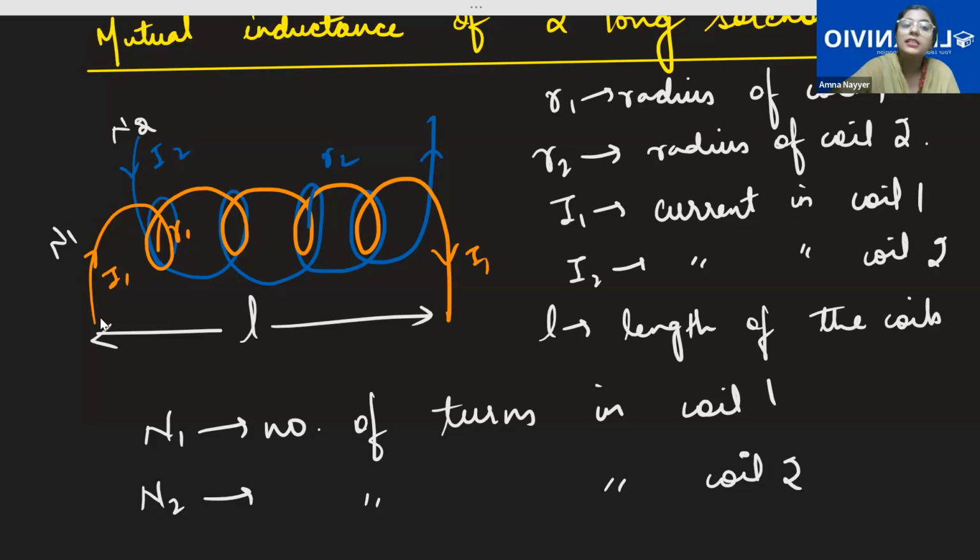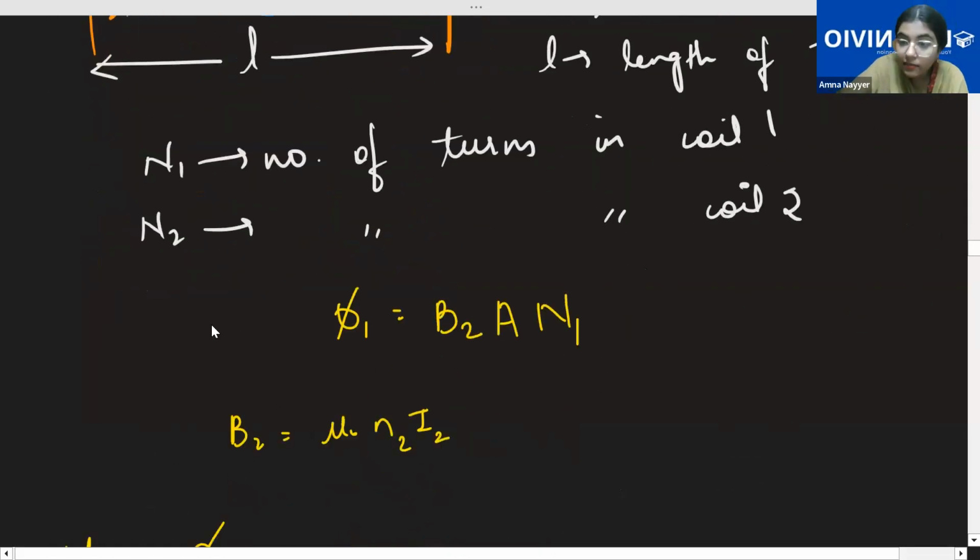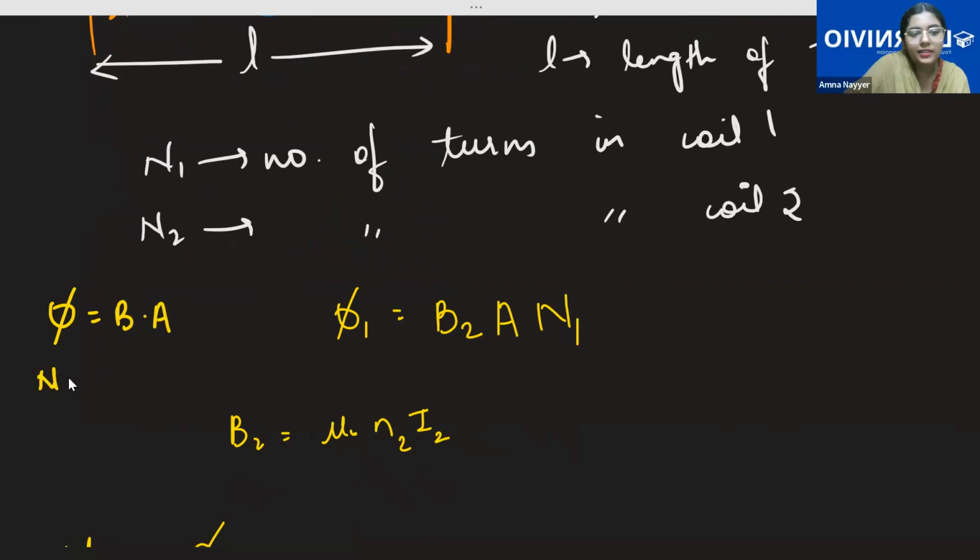That's why you have a change in the flux here and you get a mutual induction. So phi 1 should be equal to, flux is equal to B dot A. And for n turns we'll multiply, flux will be equal to BA multiplied by n. That is what has been written.